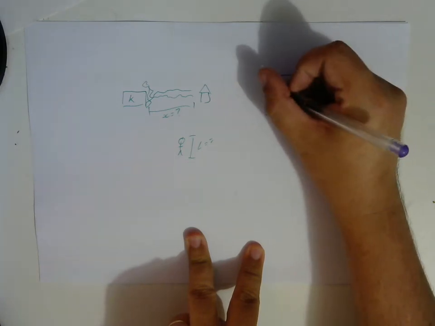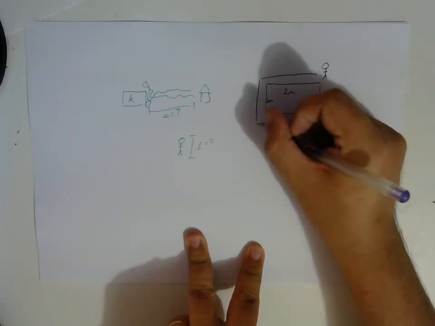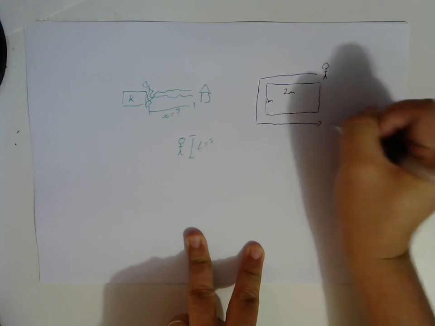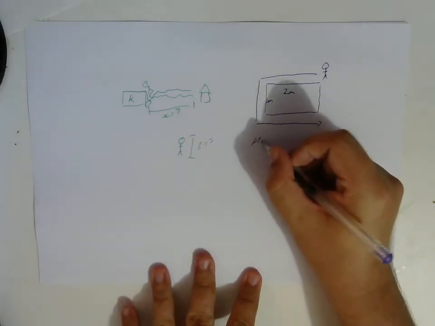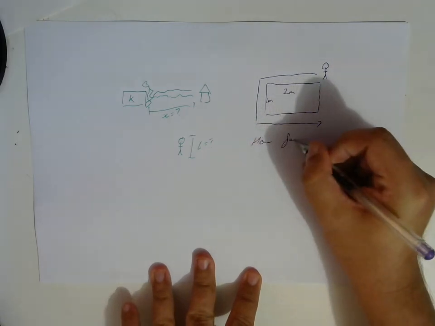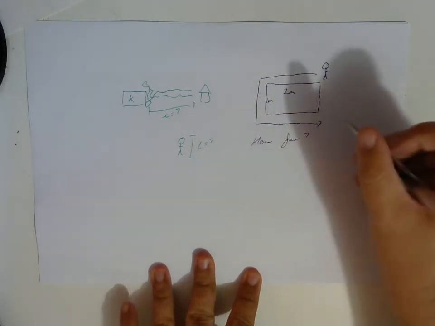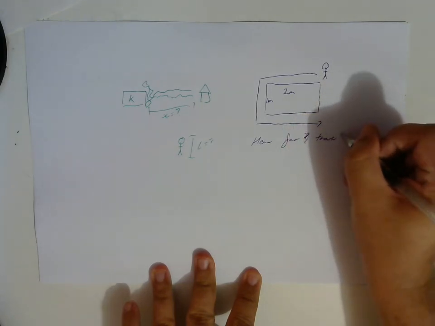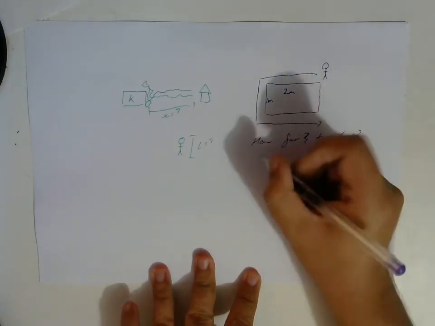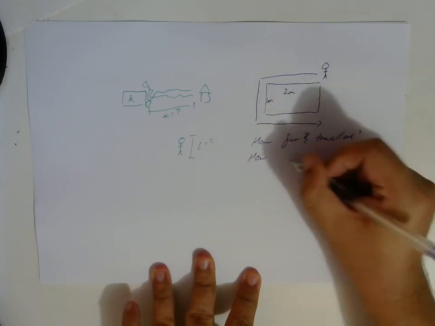So here is a desk. It might be the desk at the front of my lab. And here I am at the start, and my desk is 2 meters by 1 meter, and if I walk this way, then here, and then I walk back this way, the question I could ask you would be, how far have I travelled?